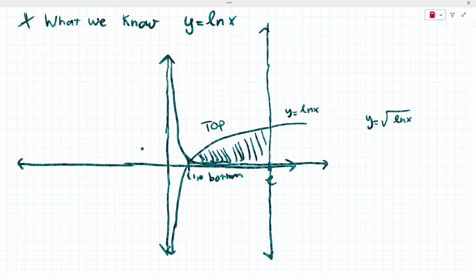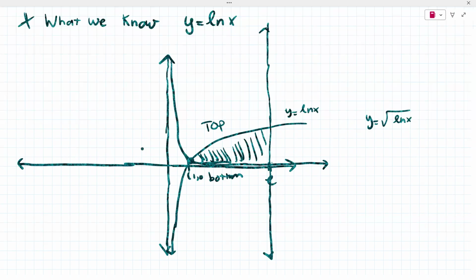What else do we know? What would be our boundaries? Our boundary would be from this point here, and then it stops at e. But I don't know what this is, oh, it is 1, right? But if you're not sure, what we could do is set square root of ln of x equal to 0.